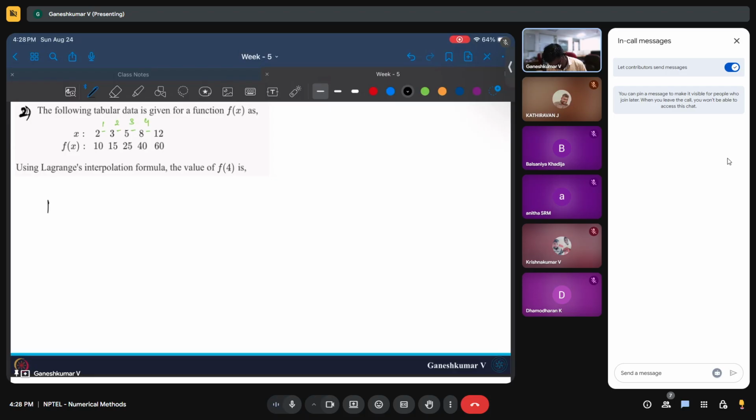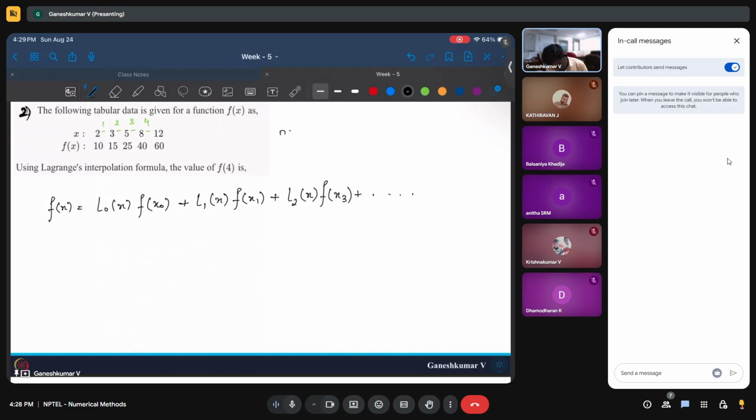We can write f of x, or the Lagrange polynomial, as L naught of x times f of x naught, plus L1 of x times f of x1, plus L2 of x times f of x2, and you can keep on writing like this till Ln.